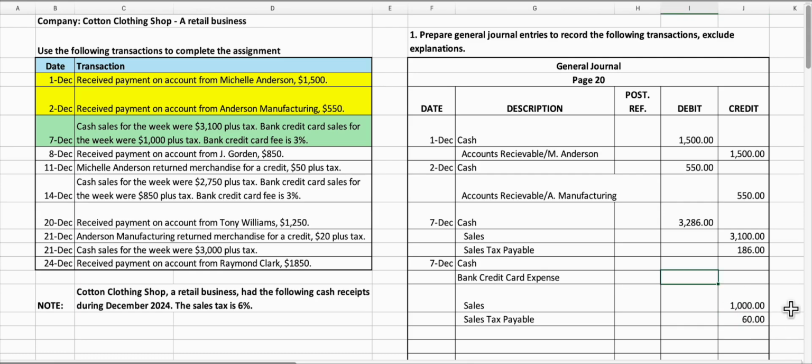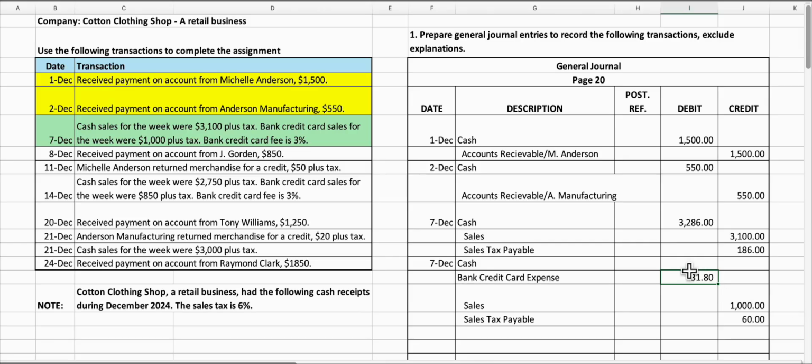Now, when it comes to the bank credit card expense, they're going to charge you that 3% on everything that came in. That includes sales and sales tax payable. So to calculate this, you'll need to add sales plus sales tax payable at 3%, and that's how much you're going to pay for your bank credit card expense.